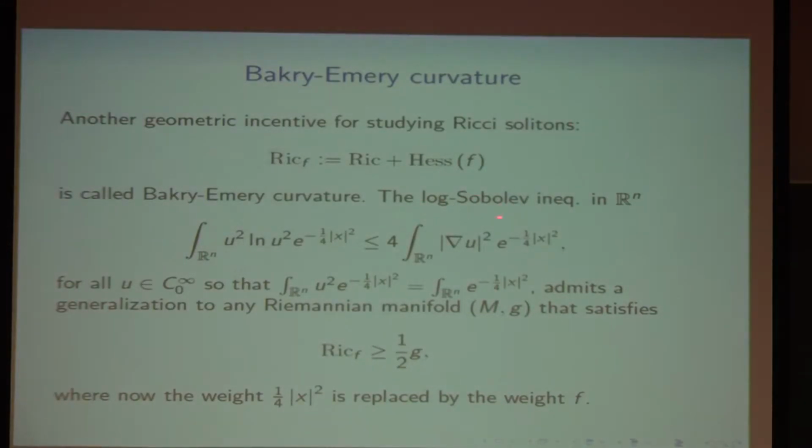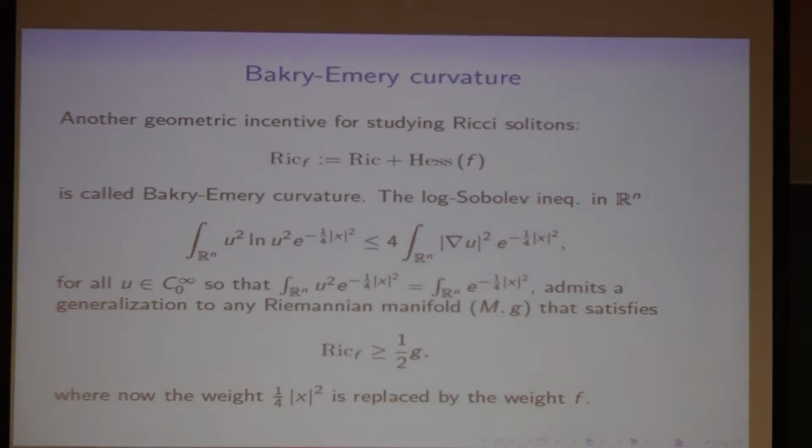The Gross inequality in R^n says exactly this. If you want to generalize to a Riemannian manifold, it's a wonderful fact that you can do it as long as you assume a lower bound on this tensor. Then the inequality is exactly the same, with exactly the same constants, where you replace the weight by F.